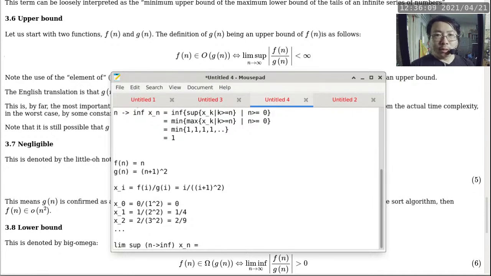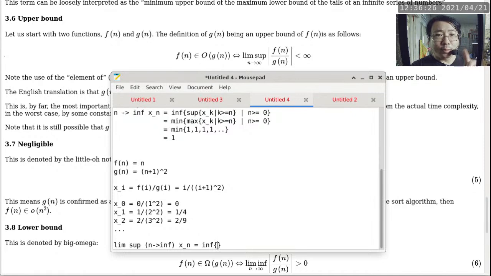So now we apply the original definition. We have the limit superior of a bunch of stuff, and each thing inside the set, where we're taking not the limit inferior, this is actually just the infimum.